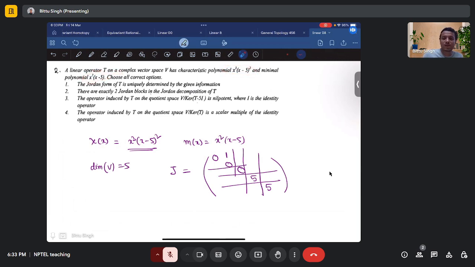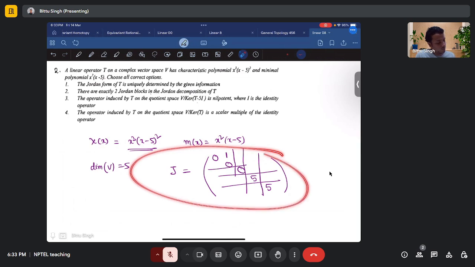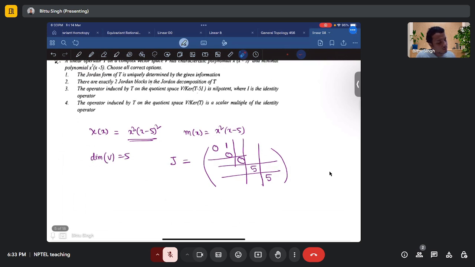This is not always the case, but some restriction, for example, that this is a 5 by 5 matrix, allows me to obtain this form. Otherwise, we may not obtain those forms uniquely by just those two descriptions. So this is true. Therefore, option 1 is true.